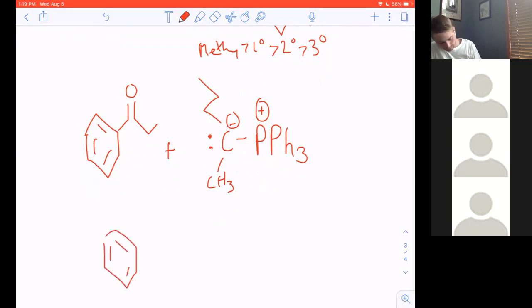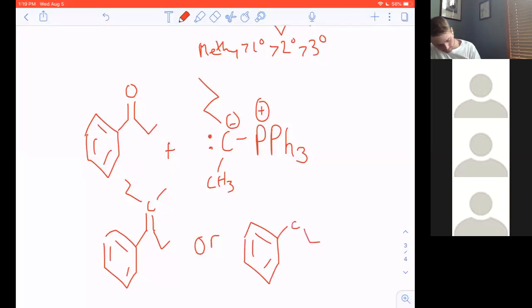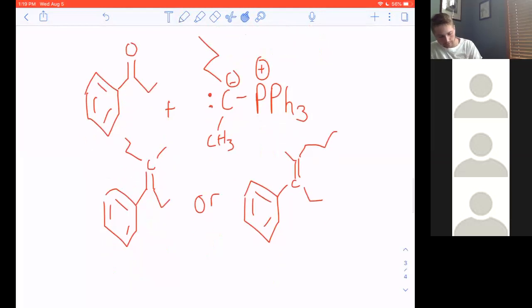Those two possibilities would be this, or the other one would be the same thing, except the groups would be on different sides. This one here should be your Z. This one here is your E. Which one would you expect for this? If you could say in the chat, E or Z.